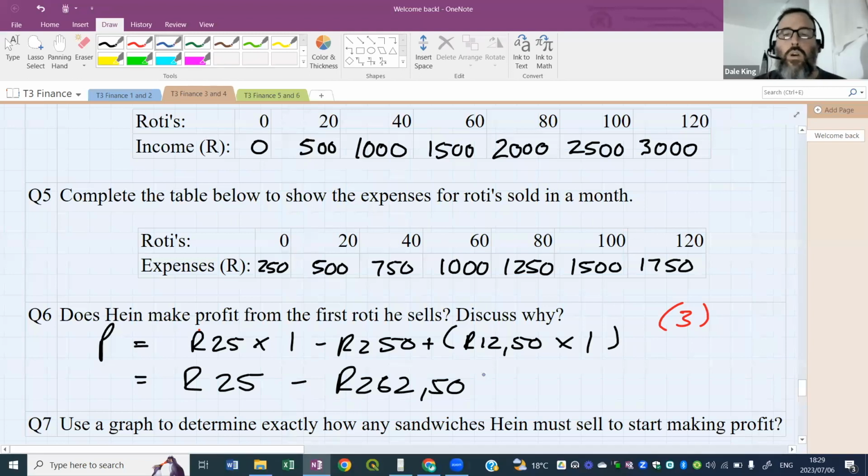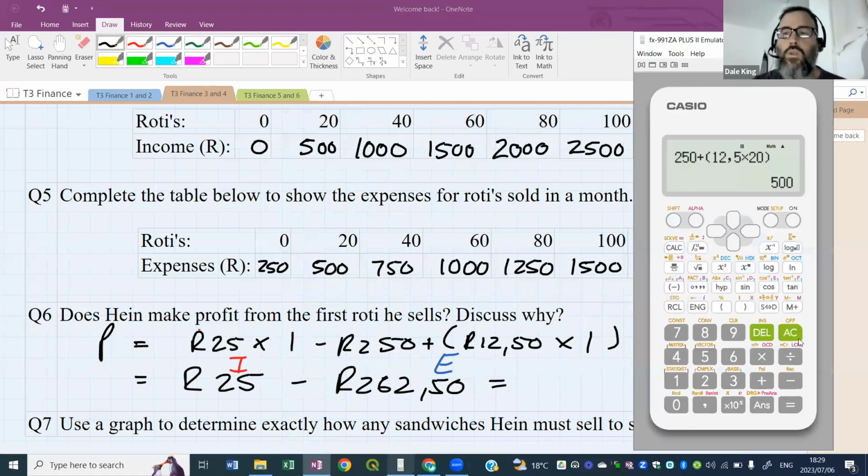All right. So the expenses part of the equation gives us 262,50 using the equation, and the income part gives us 25 rand for 1 roti. If we put it into the profit equation, we're going to get a negative answer. So if I take 25 rand minus 262,50, do you see that little negative there? If you put this into the profit equation where income is first minus expenses and you get a negative answer, you're not making profit.